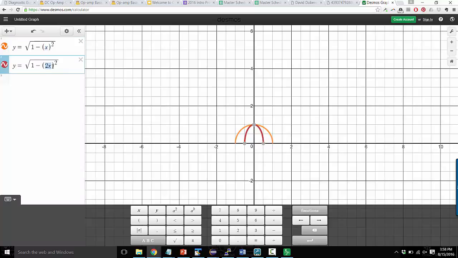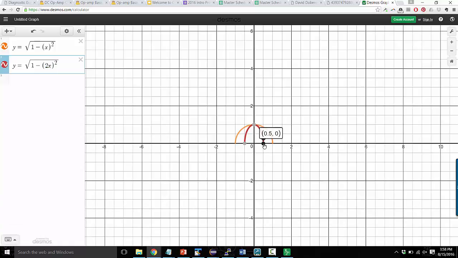So if 2x were equal to 1, I should get the same y output, right? If I make x equal to 1/2, now when I multiply it by 2, that gives me a value of 1, which gives me my y value of 0. In other words, when x is equal to 1/2, it gives you the y value that you used to have when x was 1.